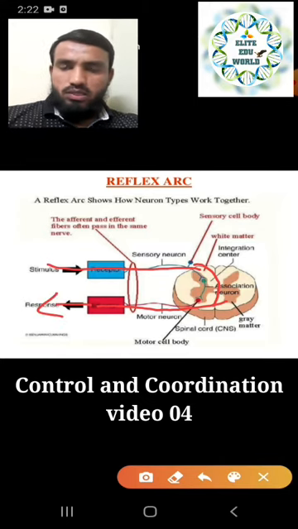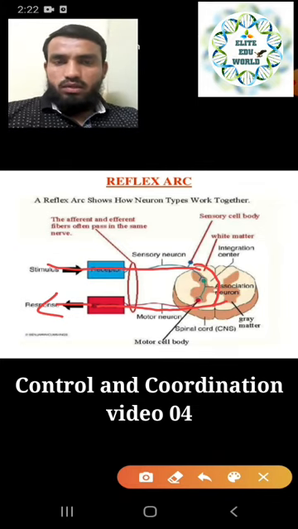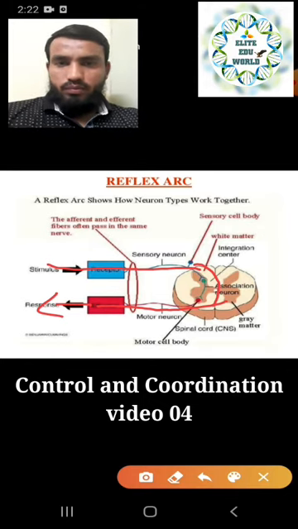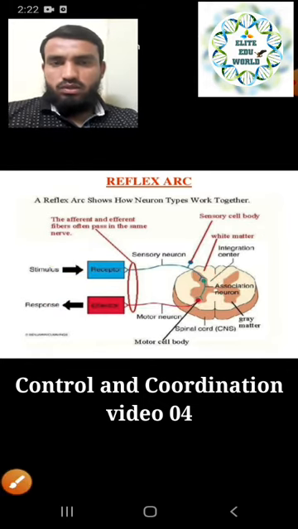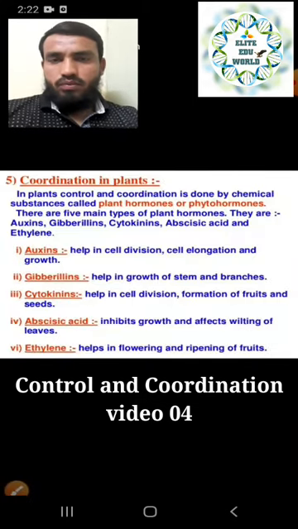The basic thing is that whatever the stimulus or conditions, our spinal cord responds by itself, and that is why it saves time. So keep in your mind: reflex arc, time saving.